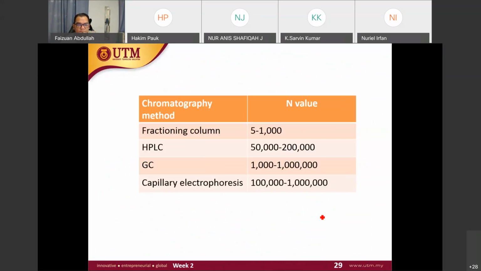All right. For chromatography methods, for a fractionating column, we have an N value of 5 to 1,000. For HPLC, we have 50,000 to 200,000. For GC, we have 1,000 to 1 million. For capillary electrophoresis, we have 100,000 to 1 million.